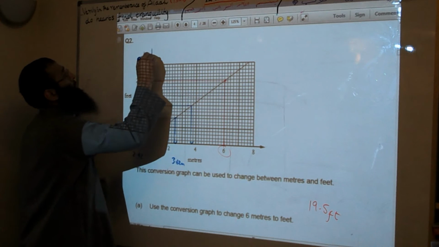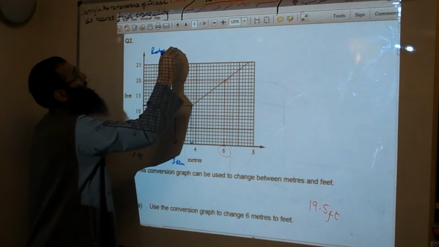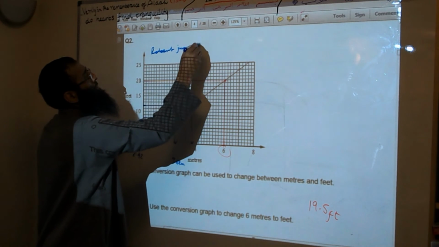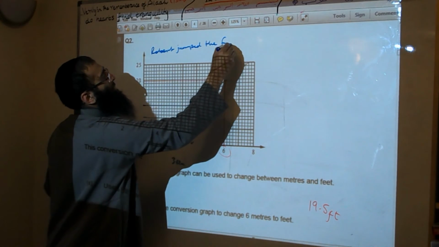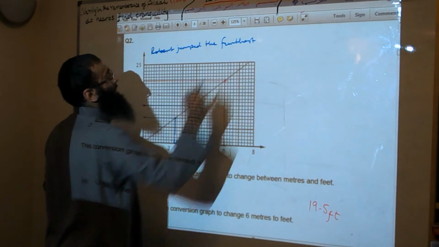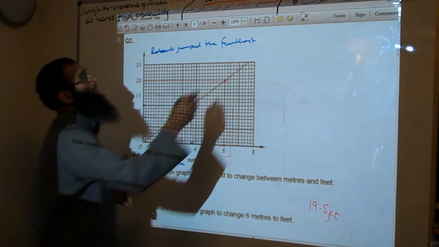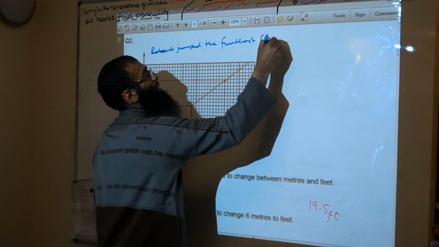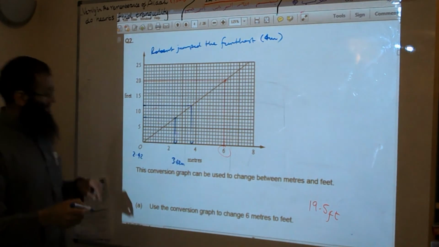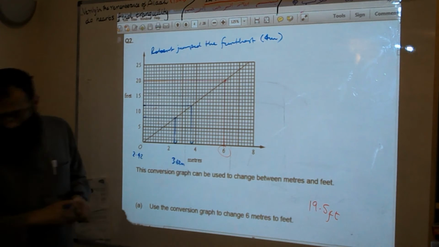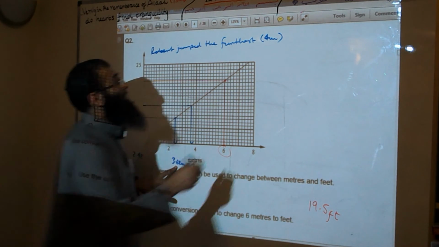So we can say for that one, Robert jumped the furthest, because his was 4 meters, whereas James jumped approximately 3.62 meters.